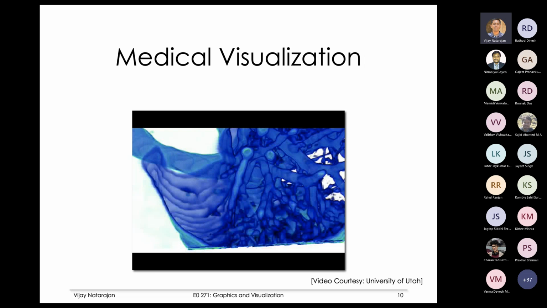The lung is constantly moving. So the 4D CT scan takes an image of the lung as you are breathing, and then you try to create a static snapshot out of that breathing lung in order to understand the anatomy and to identify tumors if there are any.